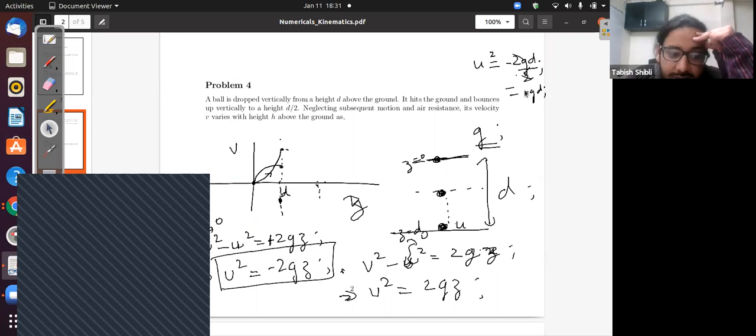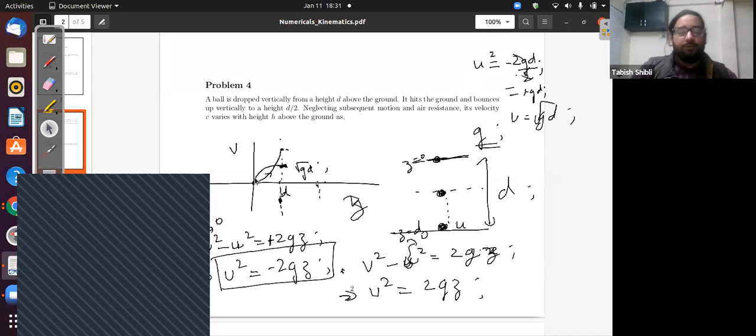That's why. Okay. So you'll get a positive sign here. So yes, u is equal to square root of gd. So you know g, you know d. So essentially this value will be square root of gd, and then it'll come back to the origin. So that is what the equation looks like. It goes up, then the speed changes, and it comes back to the origin.